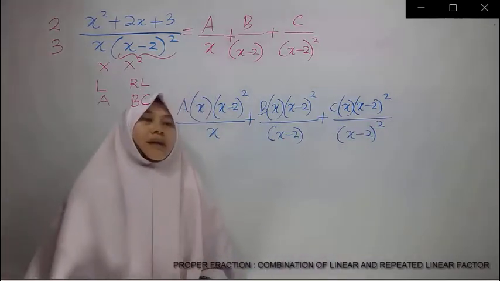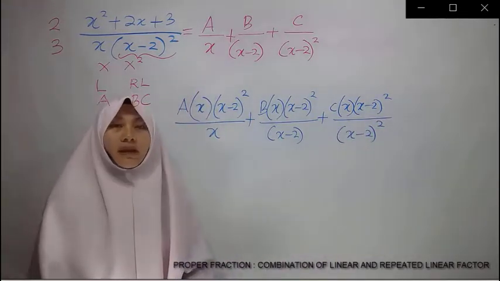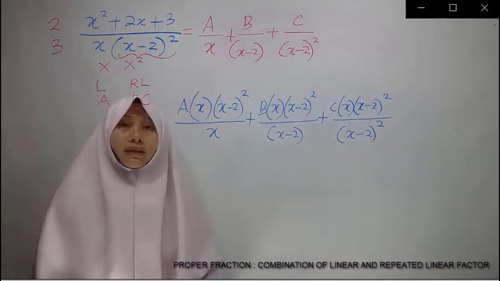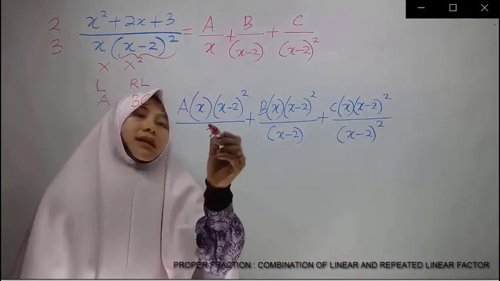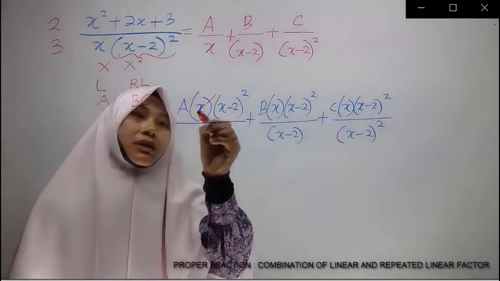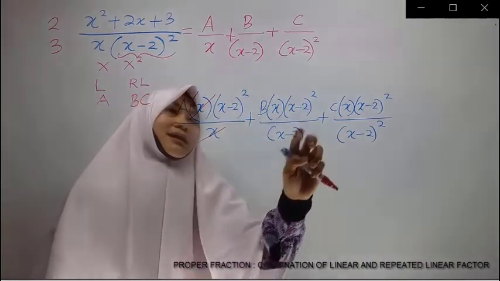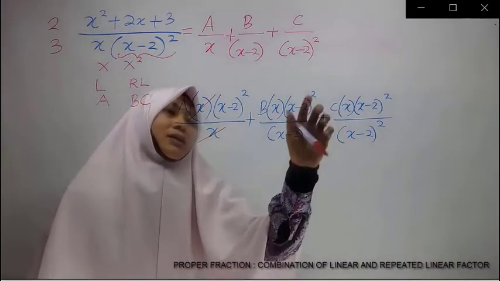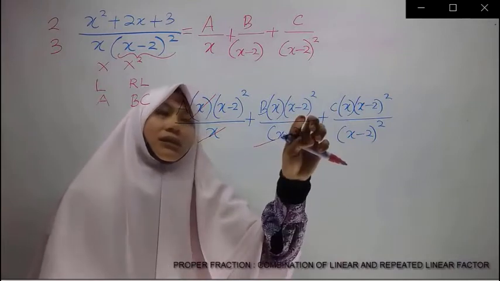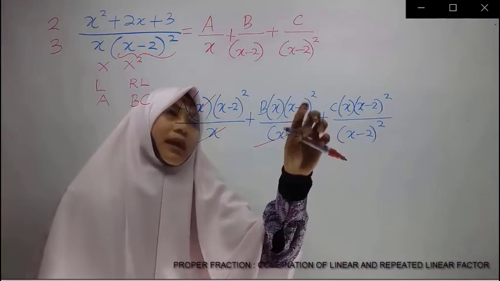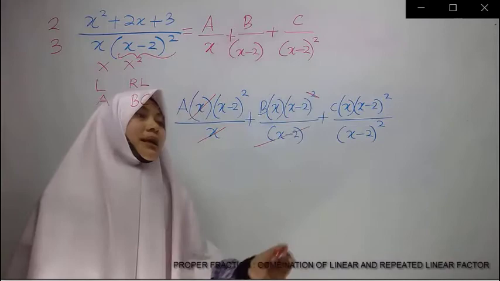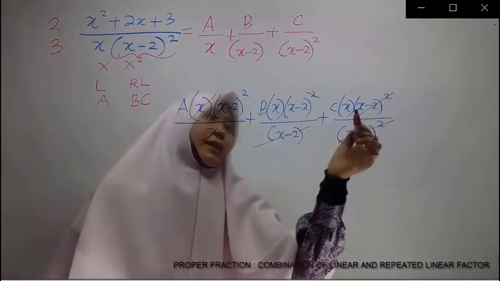Now, next step is we need to cancel out the same terms. Means x cancels out with x. Now here, since we have a square here, if we cancel, we still have one more of x minus 2. Now this one with this one.